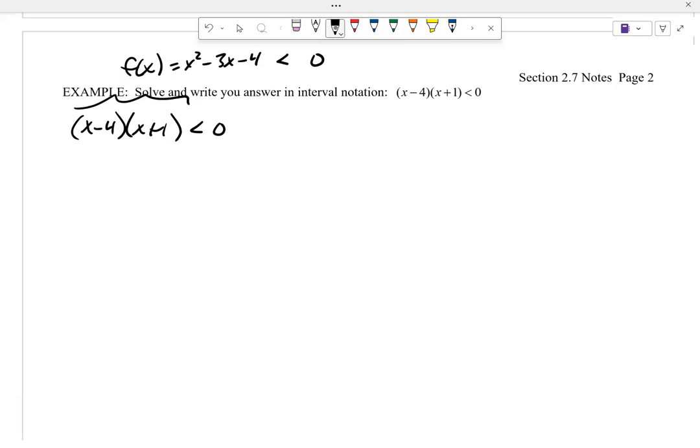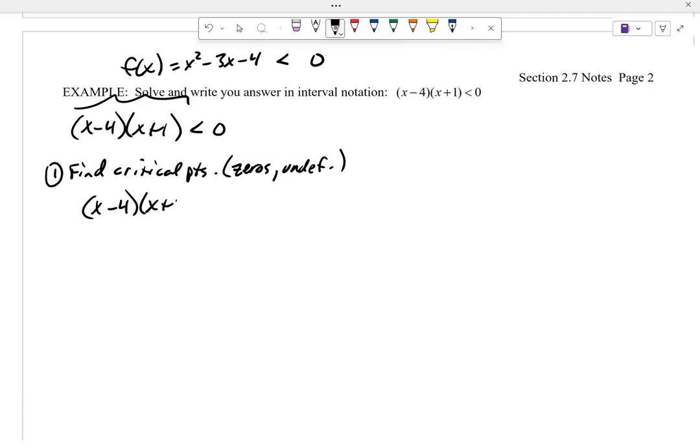So if I was doing that, the first thing, number one, is to find our critical points. What are our critical points? Critical points are the zeros and where it's undefined. So I imagine for a minute this being equal to 0, and then I find my critical numbers from that: 4 and -1.